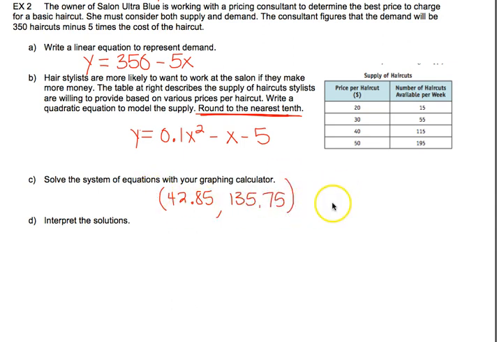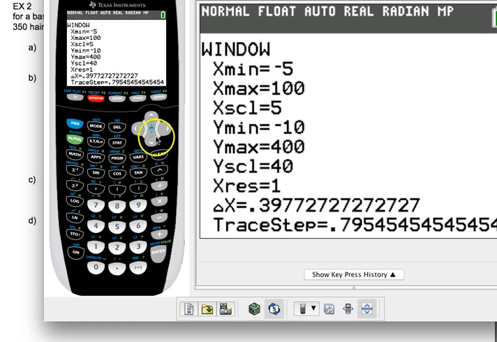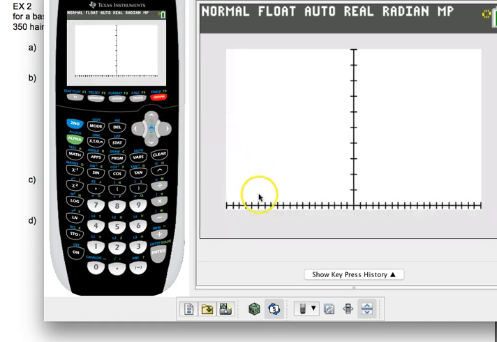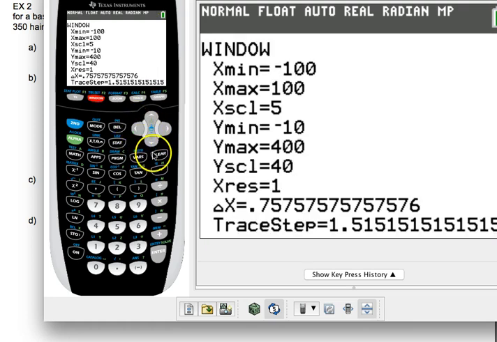Now, since it says solve the system, I suppose I probably should go back and find the other intersection point, which is going to be on the negative side. So I'm going to go to negative 100 here for a second to see if I can see it. Because when it just strictly asks you to solve the system and it's not asking for anything else, then that means that it usually wants the other one.